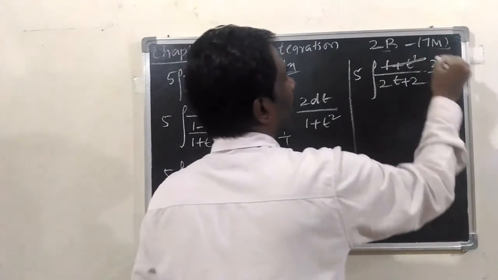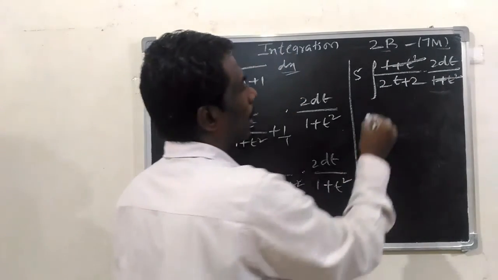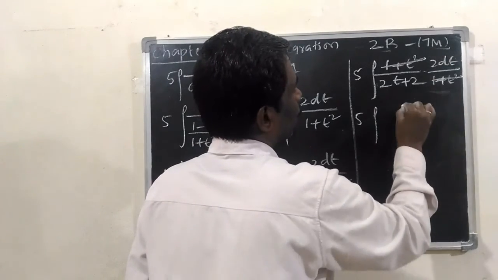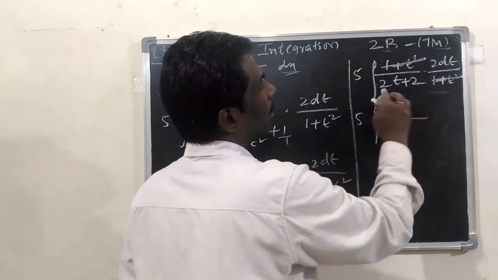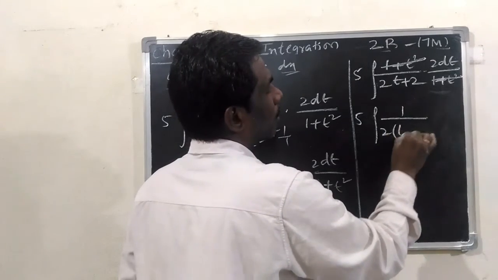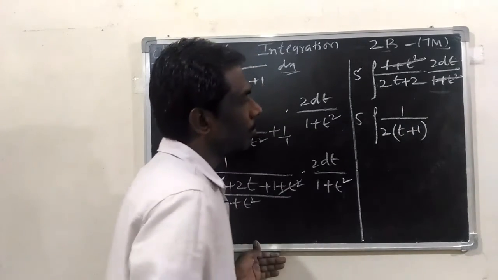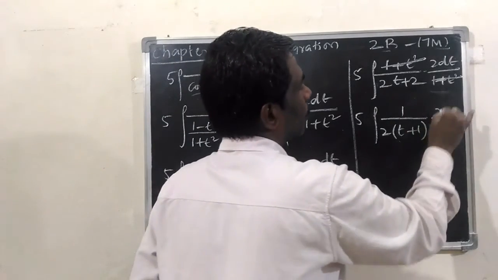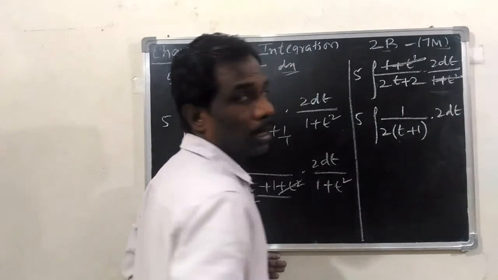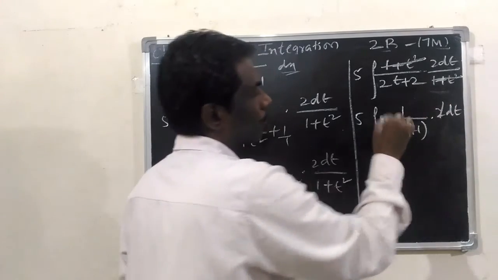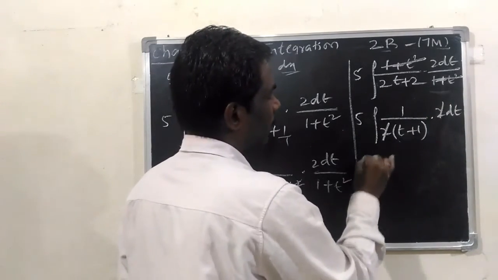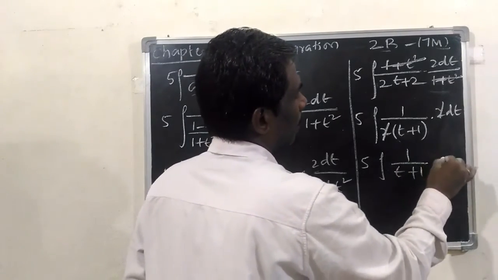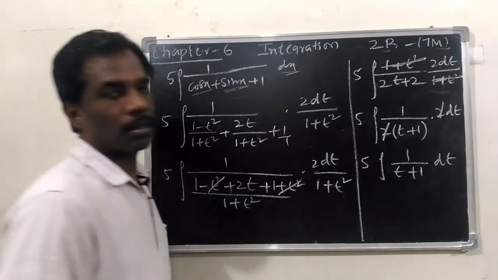So we can cancel 1 plus t square and 1 plus t square. Next, 5 integral 1 by, from this denominator we can take 2 common: t plus 1. 2 into 2 is 2t and 2 ones are 2, into 2 dt. Again we can cancel these 2 and these 2. So what remains is 5 integral 1 by t plus 1 into dt.